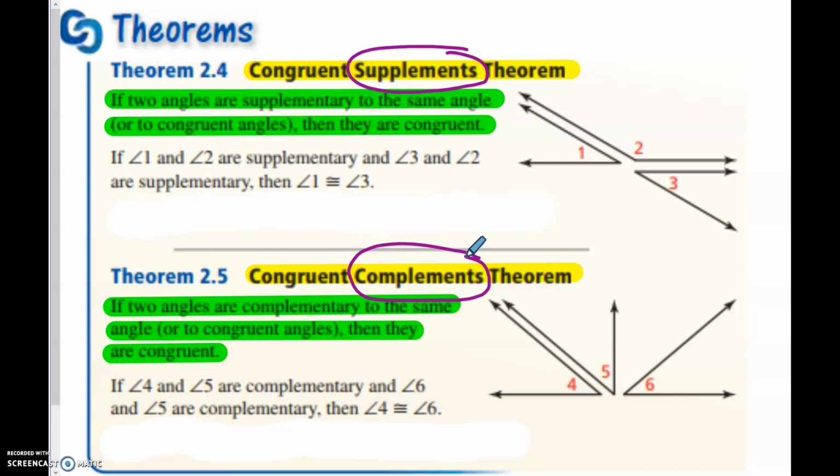Now again, I have a hard time remembering that, so I have a tendency to write everything in green as my reason. So if two angles are complementary to the same angle, then congruent.